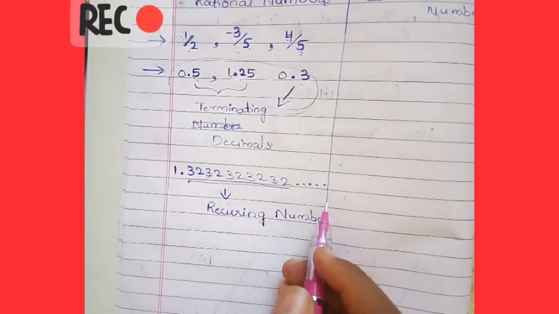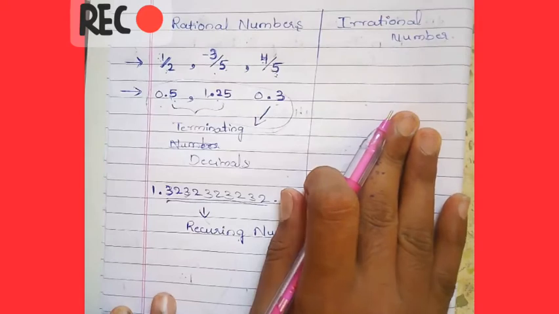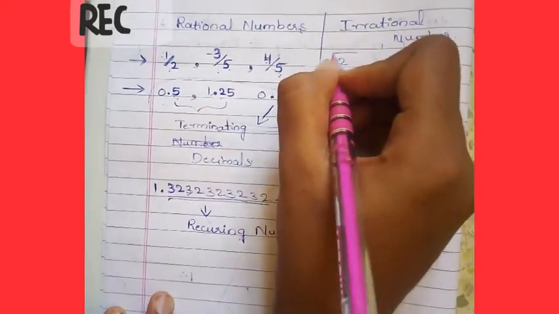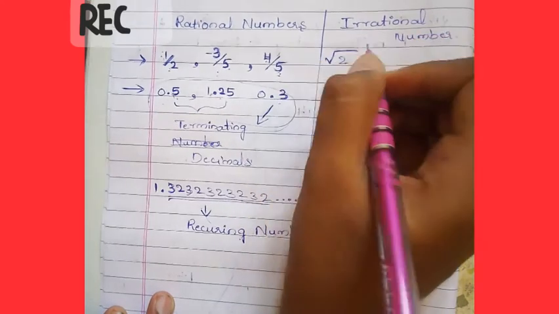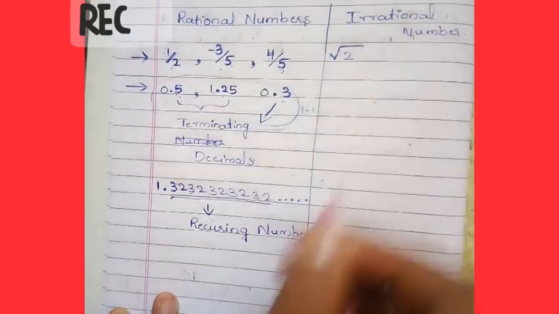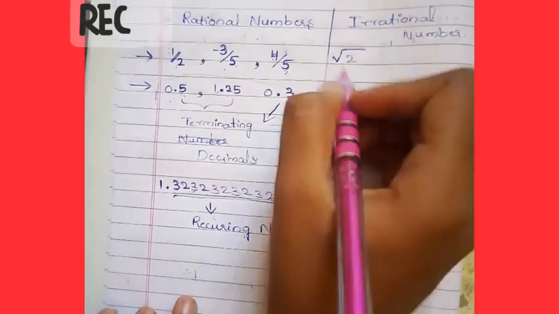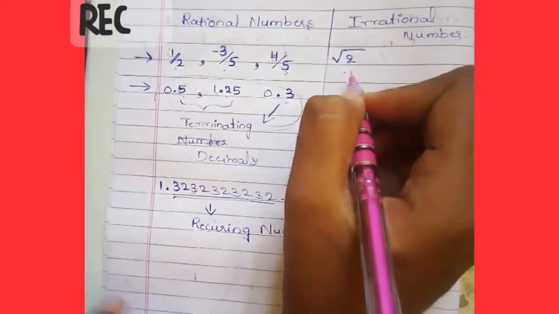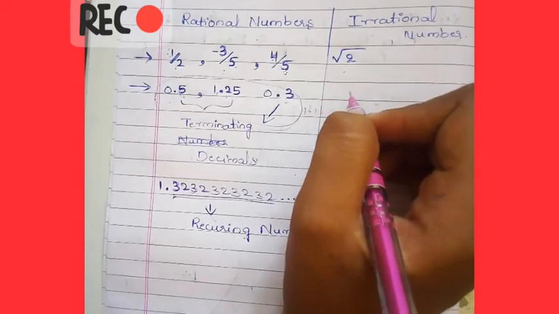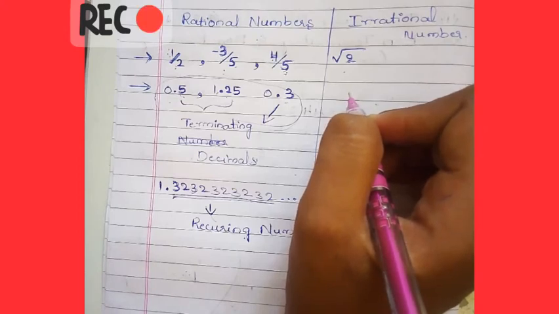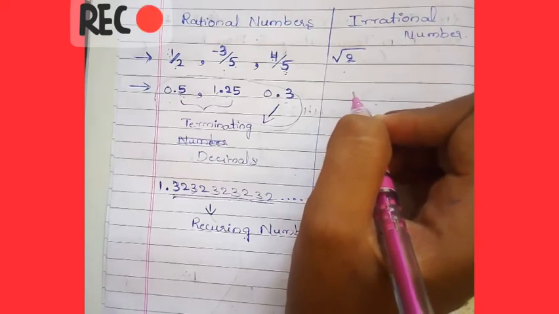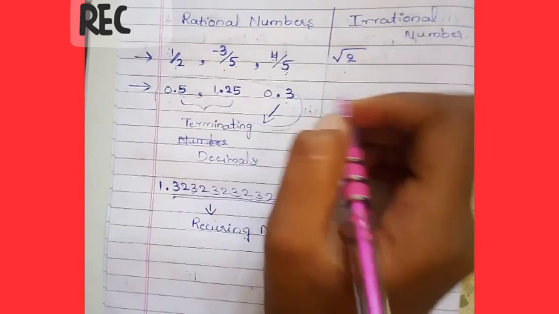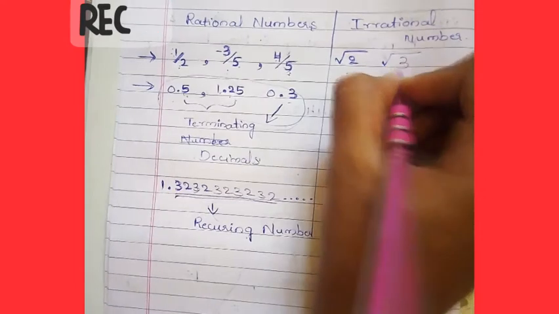Now let's see irrational numbers. Square root 2. Is square root 2 a rational number or irrational number? Yes, this is an irrational number because it doesn't have a perfect square root. The number which doesn't have a perfect square root is an irrational number.